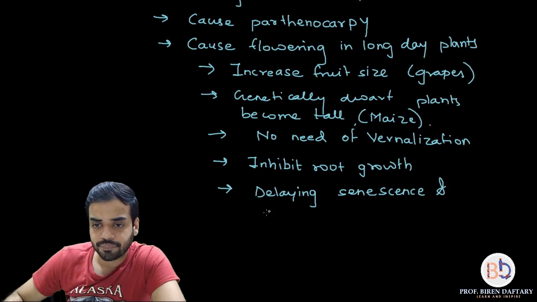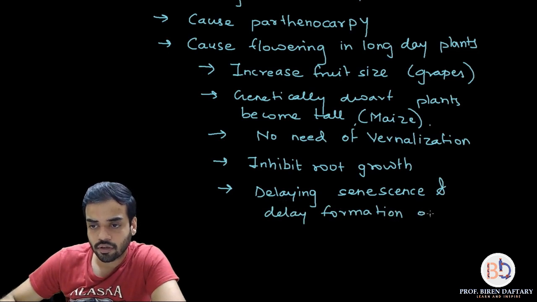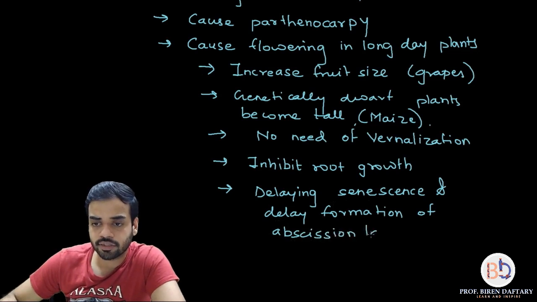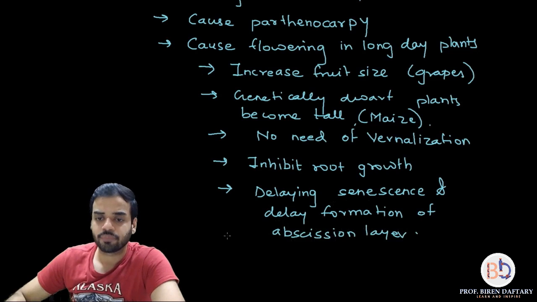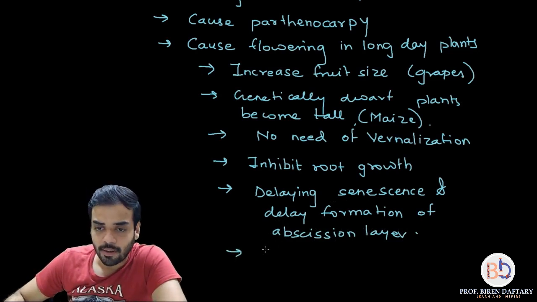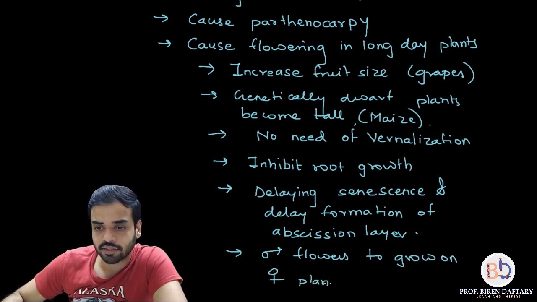And delay formation of abscission layer. I hope you remember this word too. Abscission layer. And I think the last part is they cause male flowers to grow on female plants.